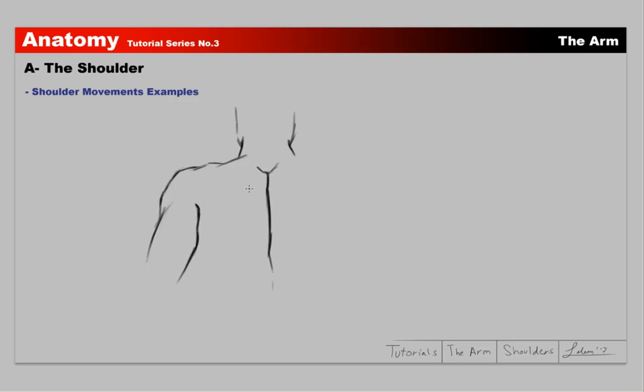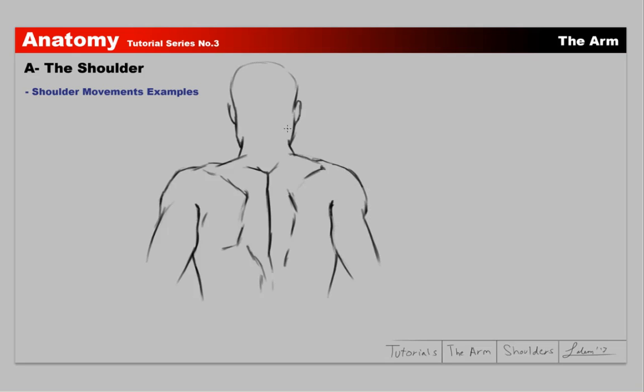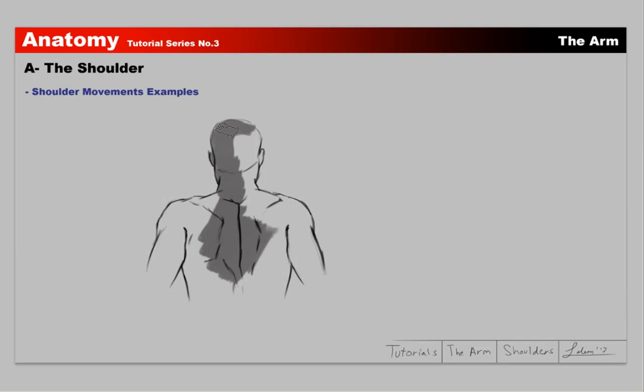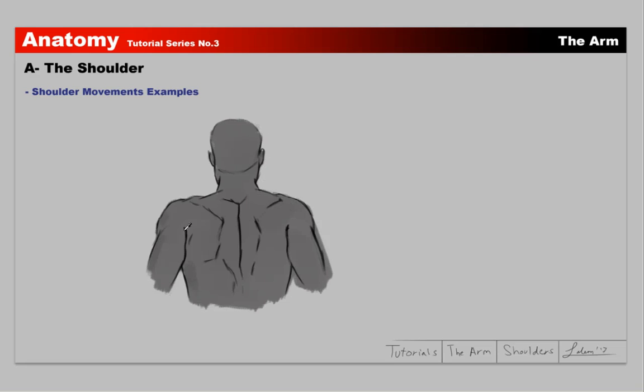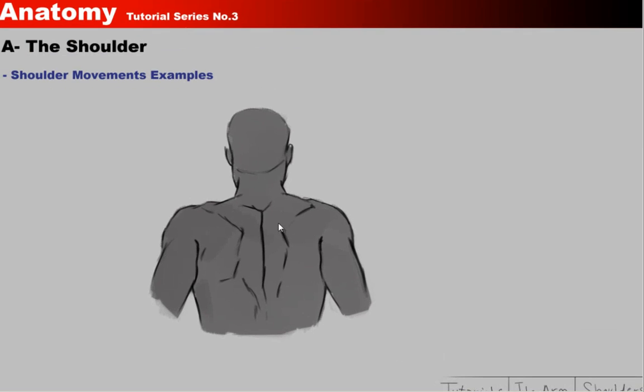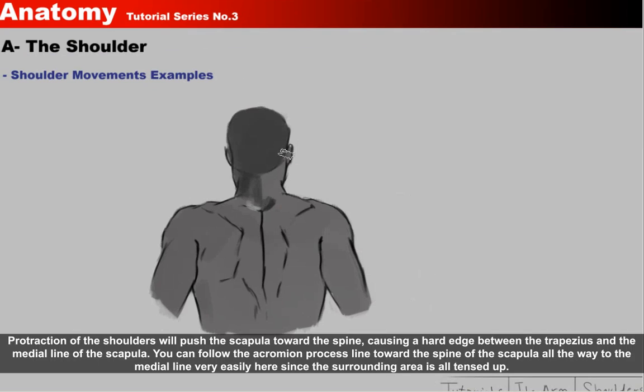Now the third movement, the protraction of the shoulders, it will push the scapula toward the spine as well, but even more extreme than the elevation. Also, while pushing the scapula toward the spine, it will rotate a little bit, showing the medial border almost as a vertical line aligning with the spine.